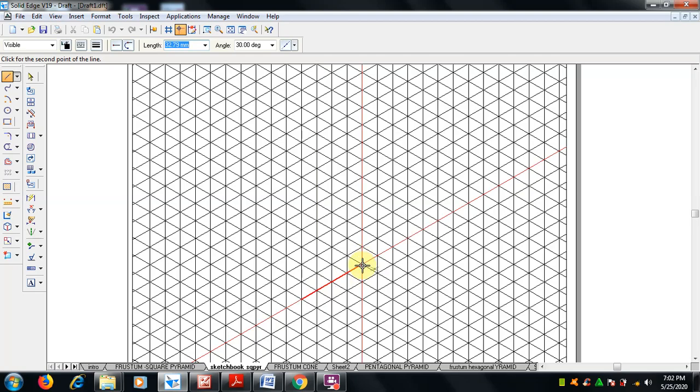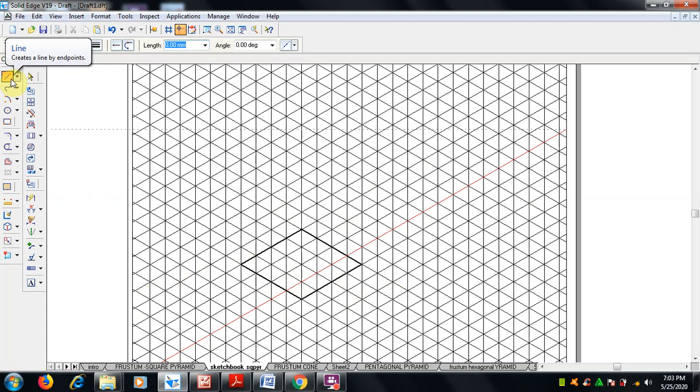Where the intersection is, finish it off. Like this 1, 2, 3, 4, 4 blocks here, and 1, 2, 3, 4 blocks here. We can finish this off. So this is the base square. It's over, very simple, right?